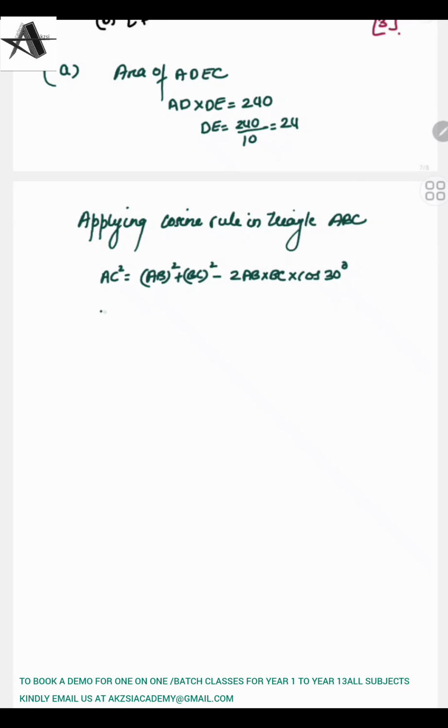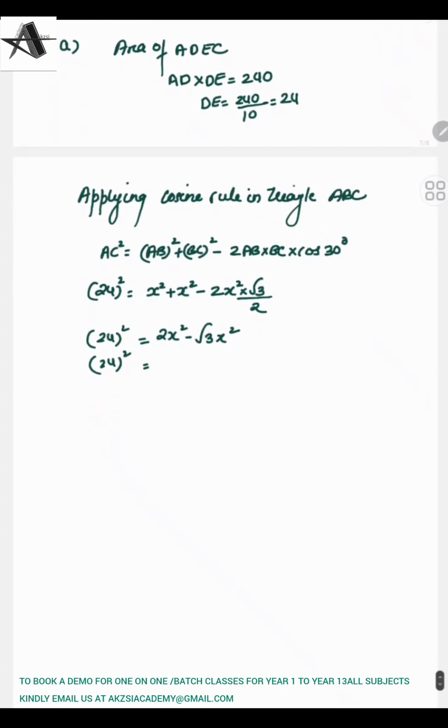So AC squared we just calculated as 24. So 24 squared is equal to x squared plus x squared minus 2 times AB into BC, that is x into x, x squared, times cos of 30, which is root 3 by 2. This can be written as 2x squared minus root 3 x squared. Now we know that root 3 is 1.732.